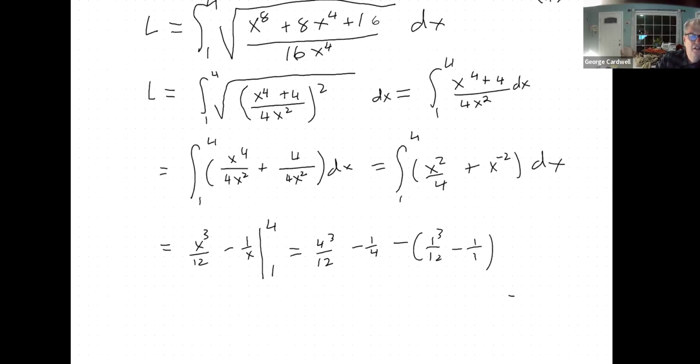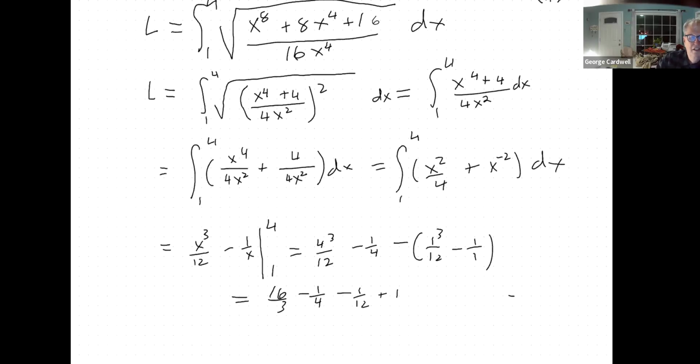All right. So now let's see what we get. So this would still be 4 squared. This would be 4 times 4 squared, and 4 cancels 12, get 3. So I get 4 squared, or 16 over 3, minus 1/4. This would be minus 1 over 12. And then minus and a minus becomes plus 1.